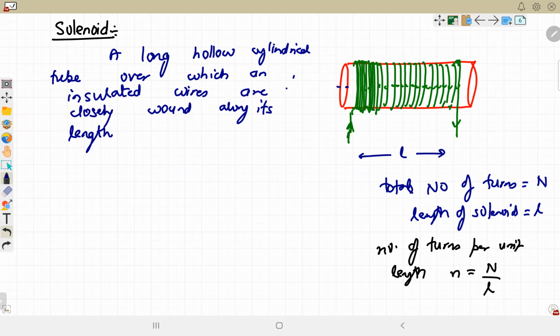So every solenoid can be considered as the collection of circular coils placed side by side. किसी एक सर्कुलर लूप के लिए उसकी मैग्नेटिक फील्ड का शेप कैसा होता है? Only for one single loop.